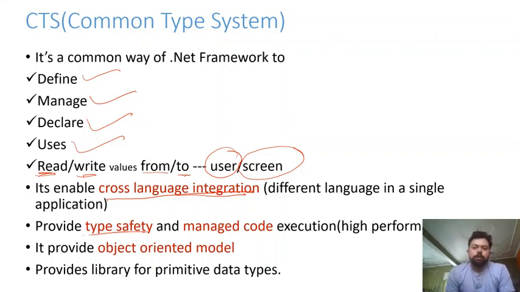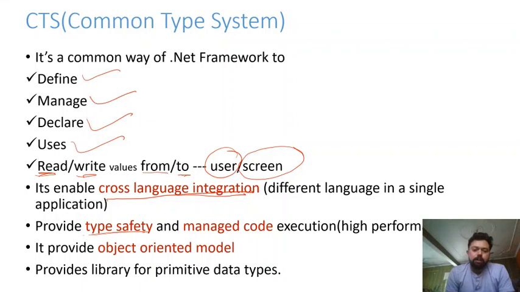So in the common type system, as you have seen in the previous scenario, int in C# and Integer in VB are treated in a common way. The functionality is the same.